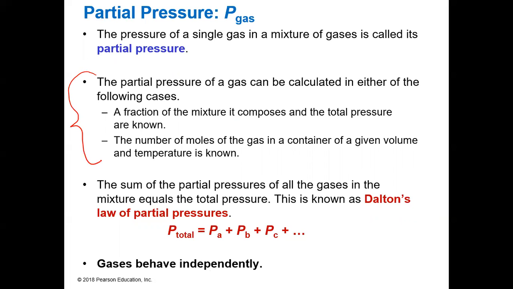Or we can use the number of moles of gas in the container of a given volume, and the temperature is known. Once we find the partial pressure of each individual gas component, to find the total pressure, we simply add those together, and that is known as Dalton's law of partial pressure.